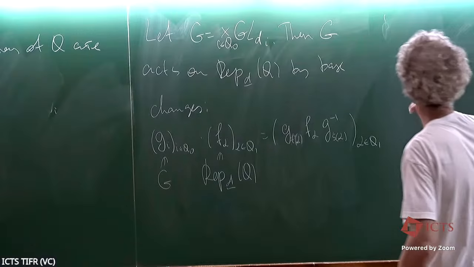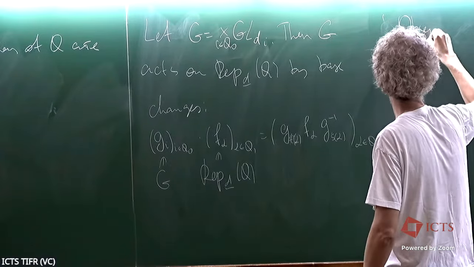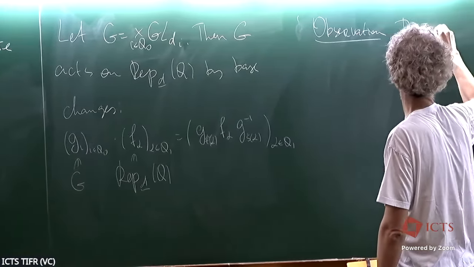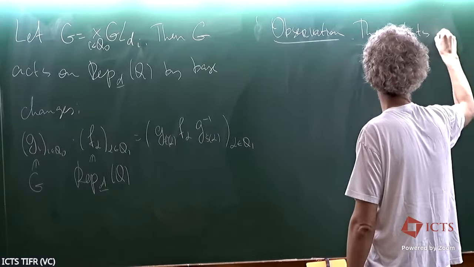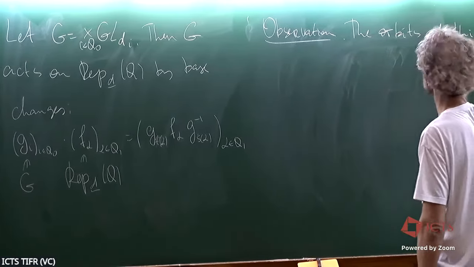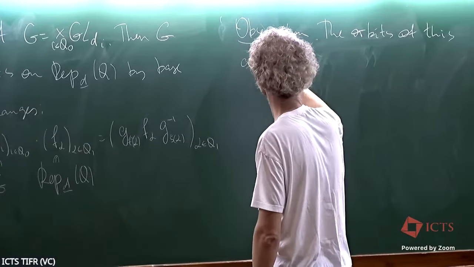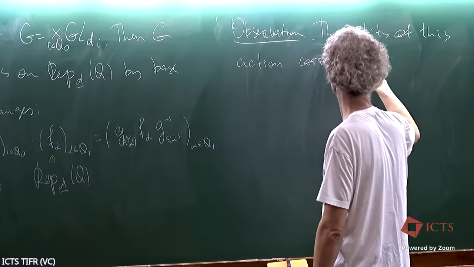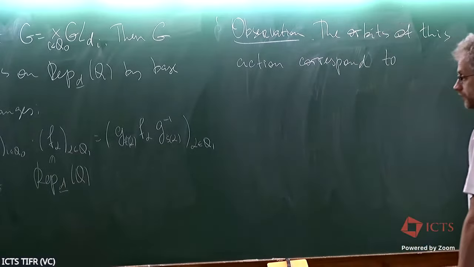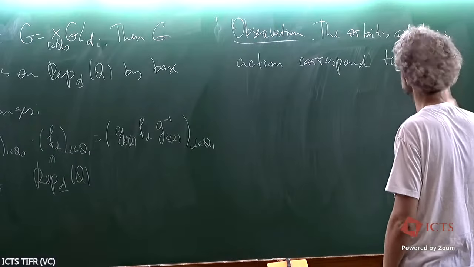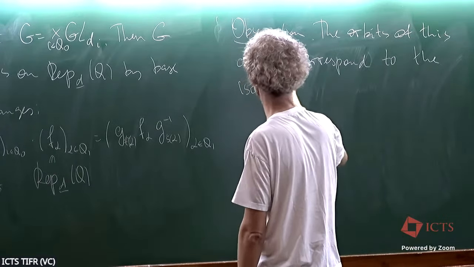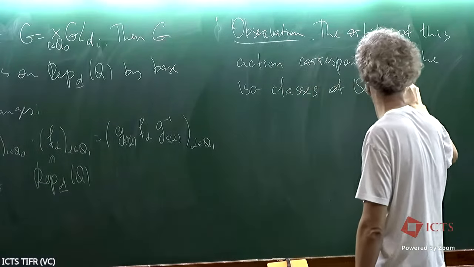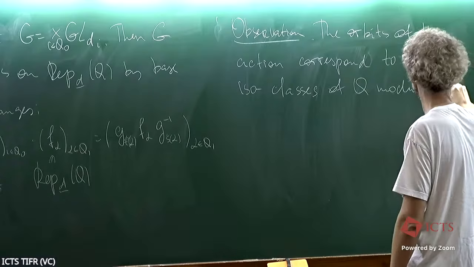And then the simple observation is that the orbits of this action correspond to the isomorphism classes of Q modules of dimension d.